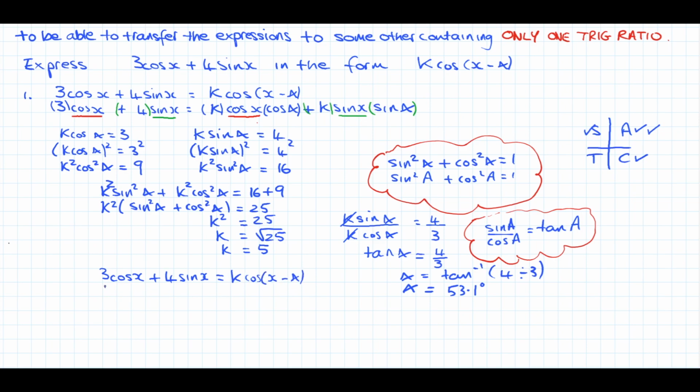We've found our values, so 3 cos x plus 4 sin x, we worked out k to be 5, so 5 times cos(x minus 53.1). So we have successfully written that in terms of one trig function, in terms of the cosine function.